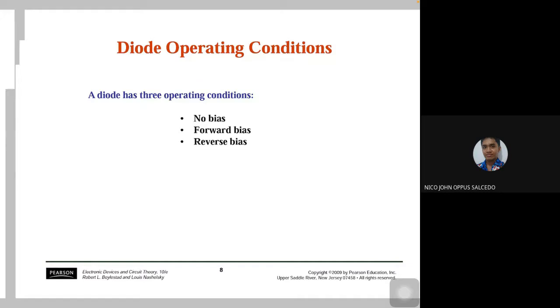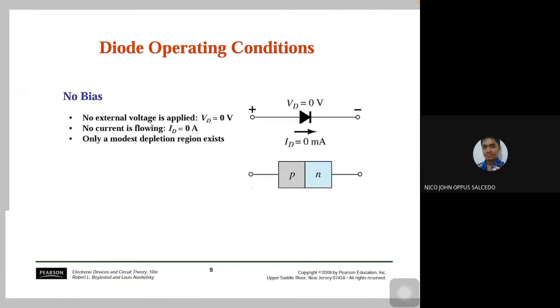So if the diode is connected to a circuit, but let us say the battery is off or the voltage source is off, technically nasa reverse bias ang atong diode. Wala may current ka mag-flow, no? And connected man siya technically sa circuit. So naka-reverse bias. So the only thing that's left is the forward bias, which is the normal operating condition of the diode. When it's working, it's in the forward bias na mode.